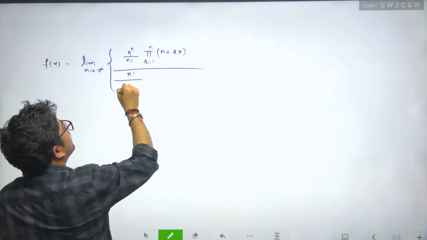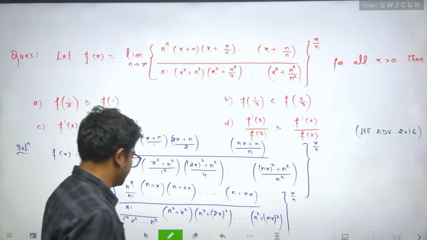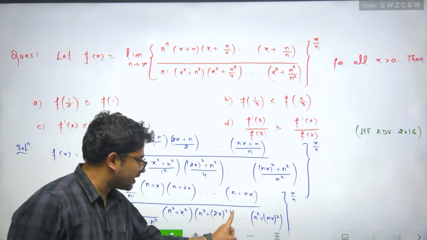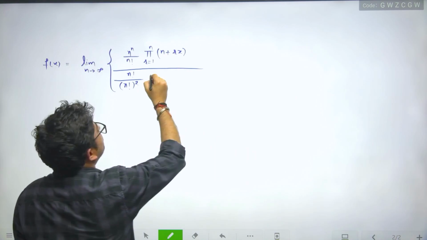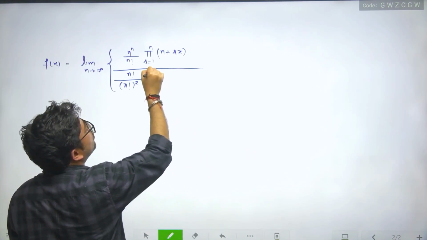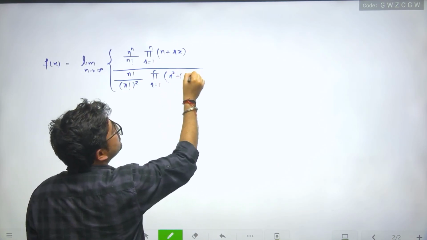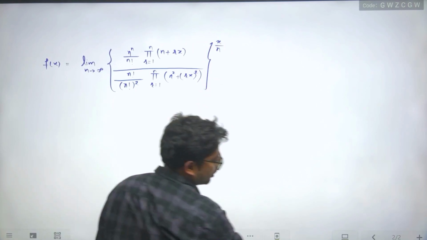The next term is n square plus x square, (n square plus 2x) whole square, and so on. So we can write this thing as the product r equal to 1 to n of (n square plus rx) whole square, whole to the power x by n. Got it?